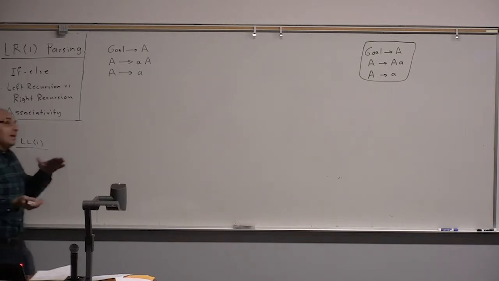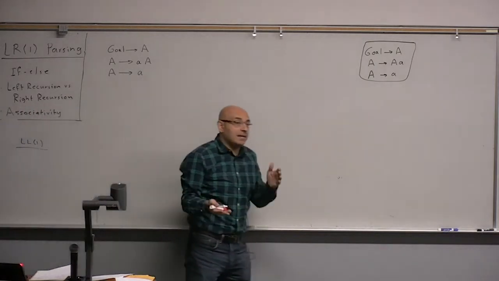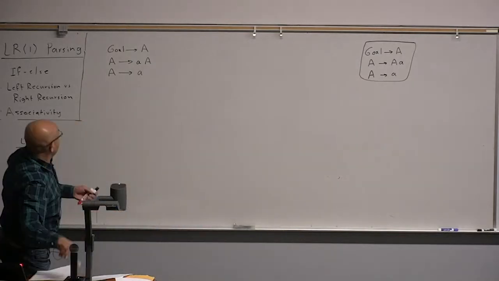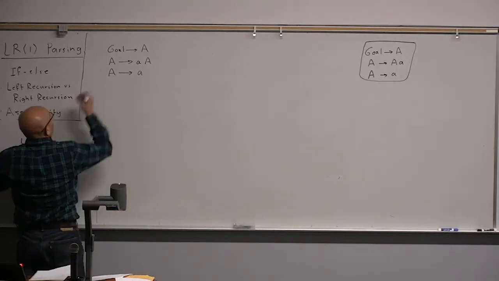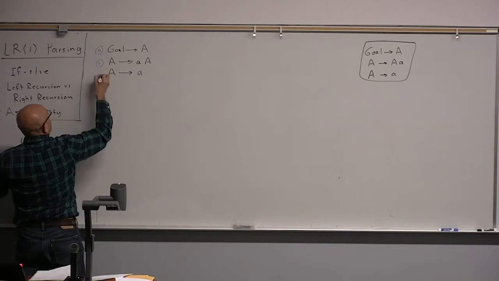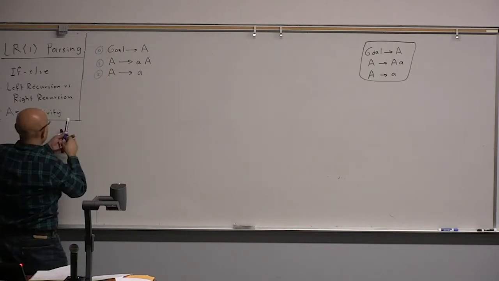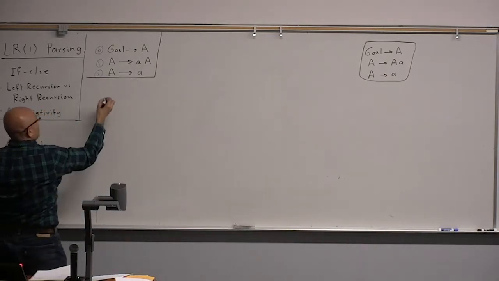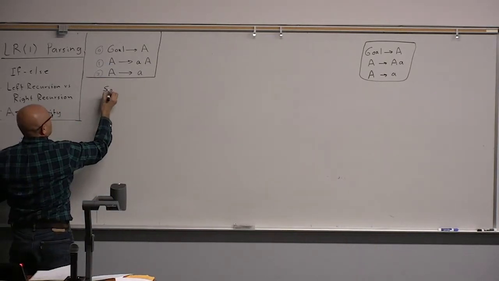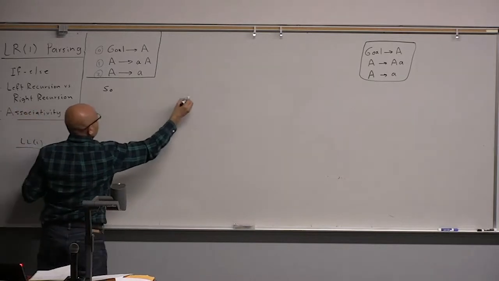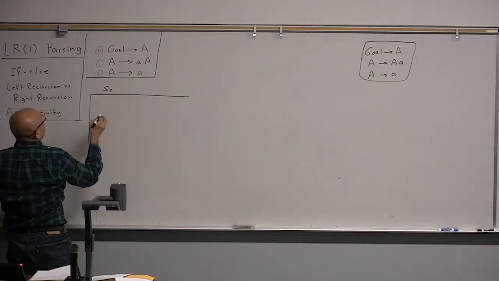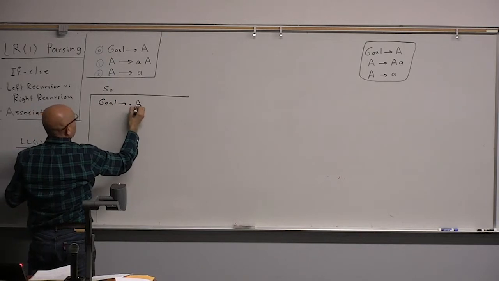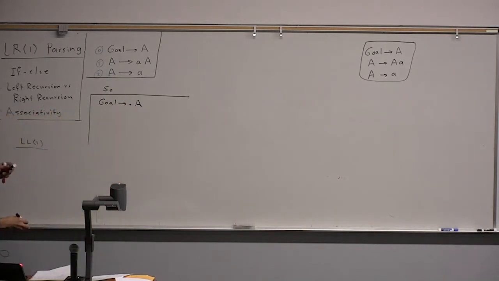It is still a manageable number of states because it's a small grammar. We have only these productions: 0, 1, 2. And again, the initial state S0 is going to have goal A. What's the look ahead?